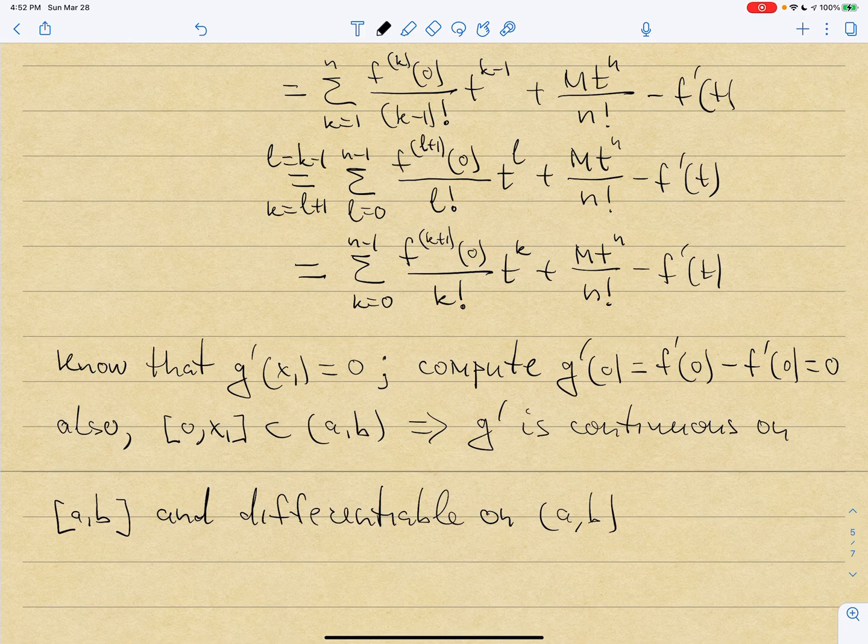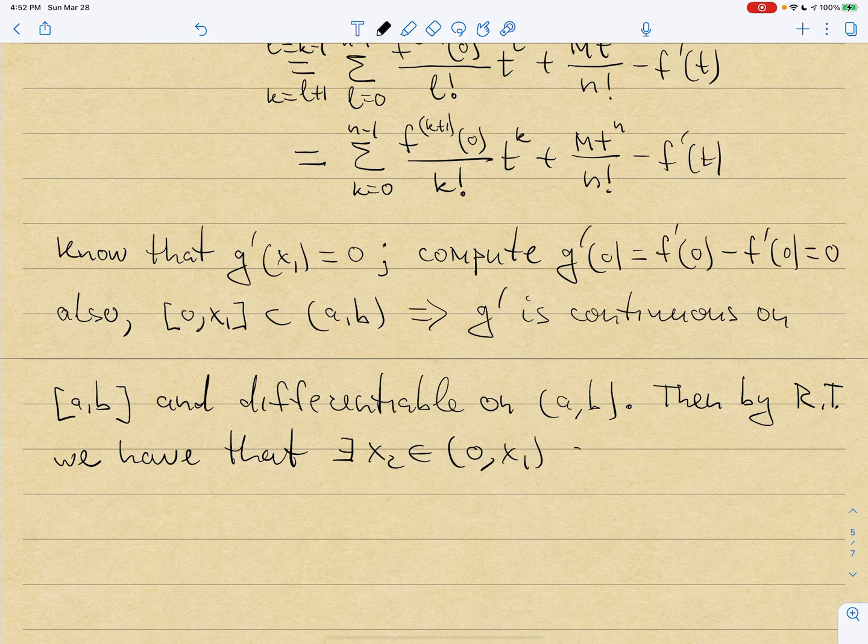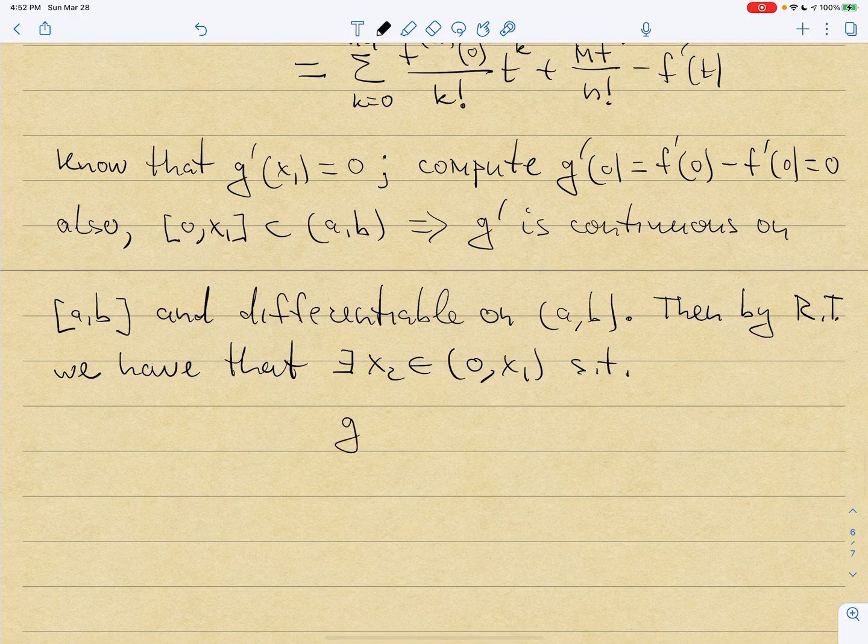And so then we have conditions of Rolle's theorem satisfied. So then by Rolle's theorem, we have that there exists an x2 that belongs to the interval from 0 to x1, such that the derivative of g prime is equal to 0.